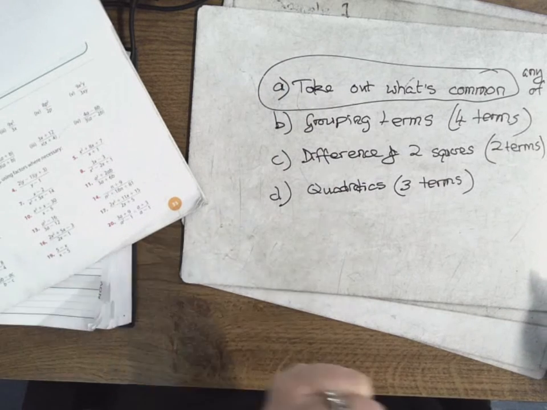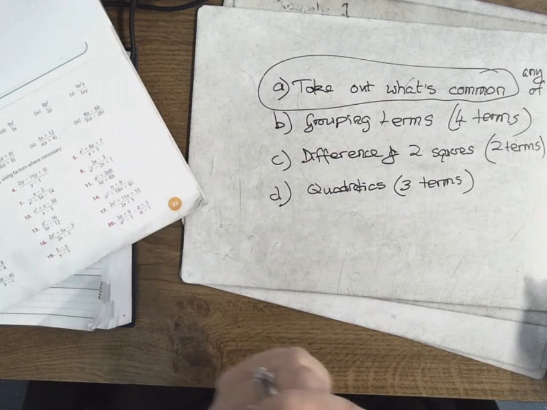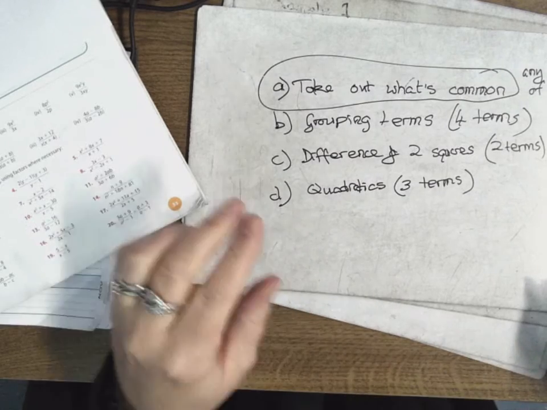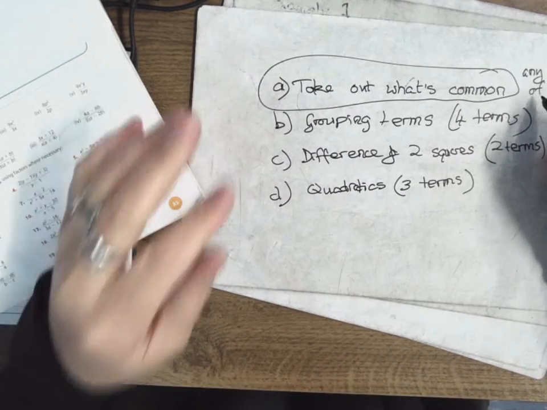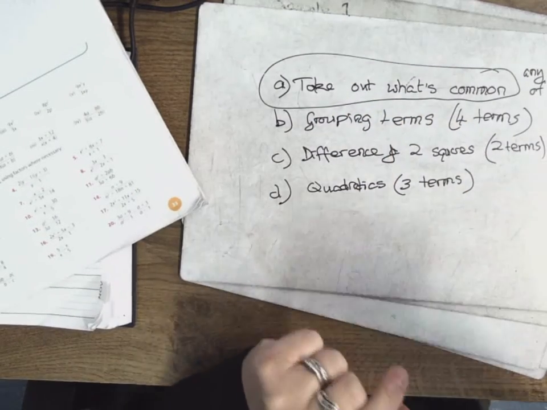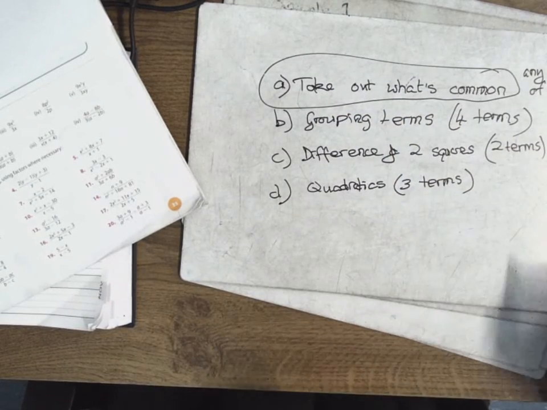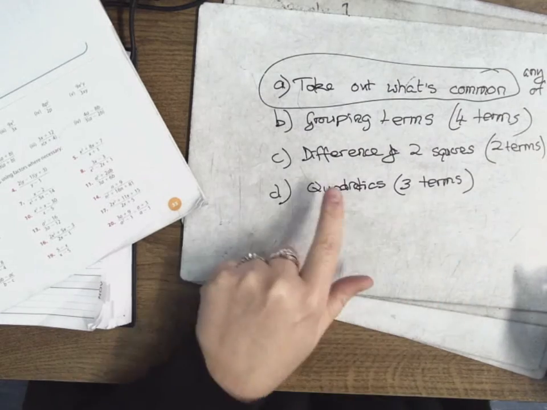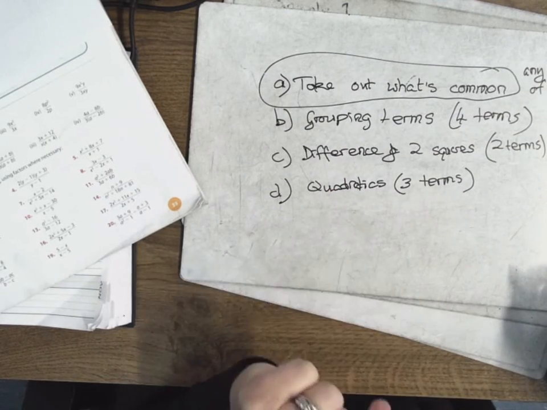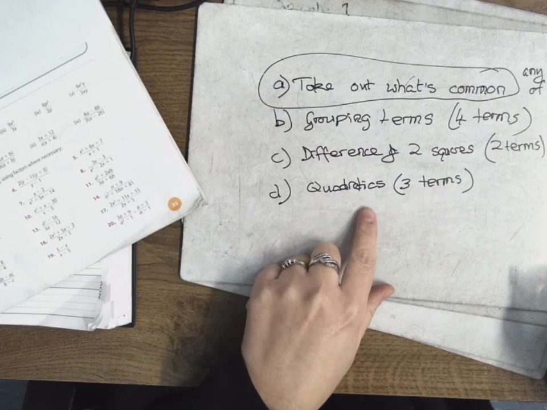Have a look across the line and see, is there anything I can take out across the line? If there's nothing, then you count the terms. If there's 4 terms, you group them. Do 1 and 2 together and 3 and 4 together. If there's 2 terms, it's the difference of 2 squares. And if it's 3 terms, it's a quadratic, which is the ones you were doing last night.